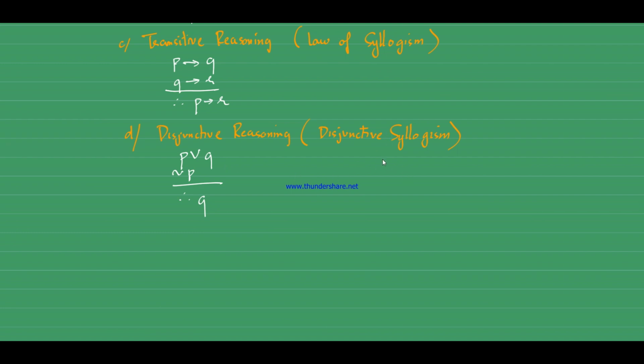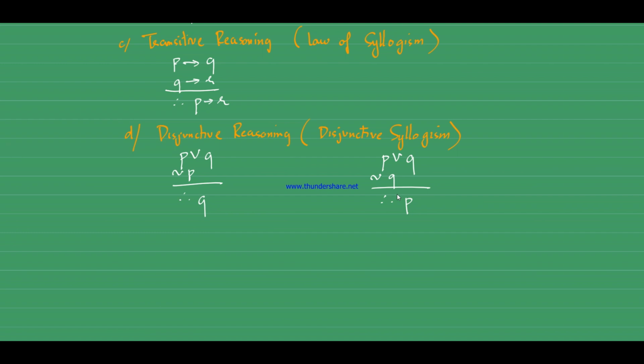Another form goes that if you have P union Q, and you have negation of Q, then at the end you have P. So you can take negation of P and end up with the second statement, or you take the negation of the second statement and it gives you the first statement.